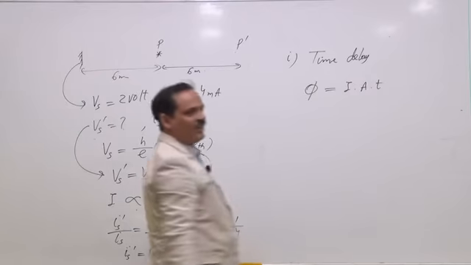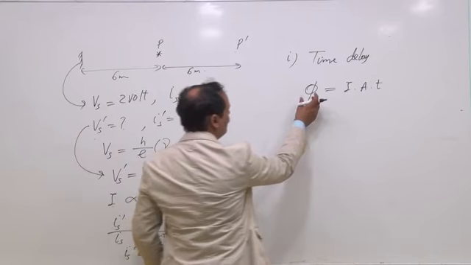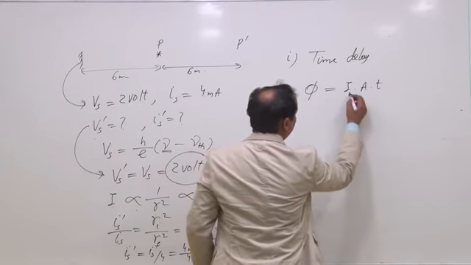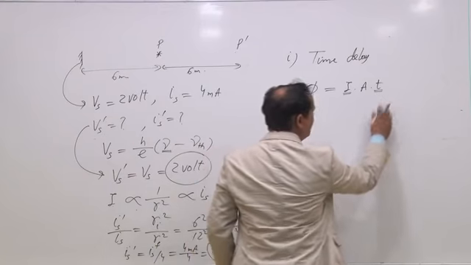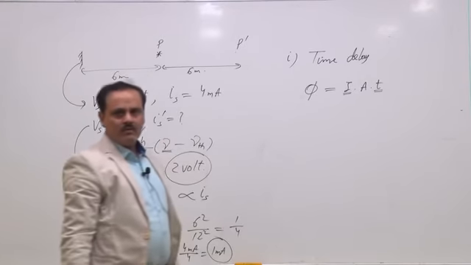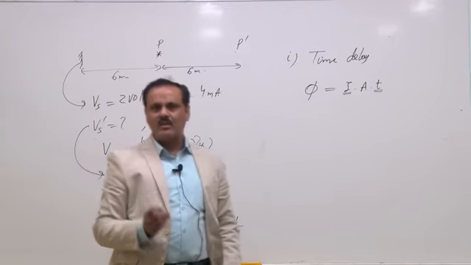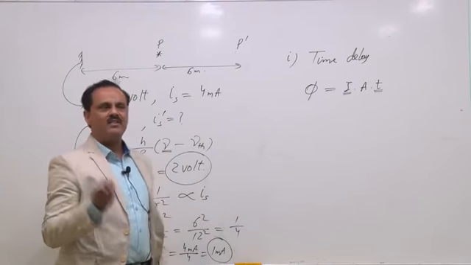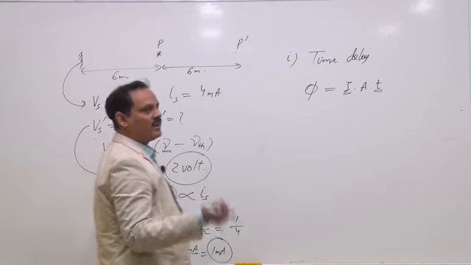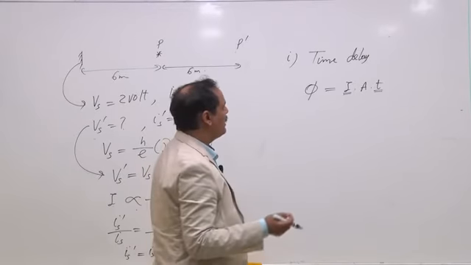As we have seen, I is equal to E by AT. So the energy needed, that phi, will be equal to IAT. If I keep on decreasing the intensity of light, the time should keep on increasing. So if I use light of low intensity, the electron will take sufficient time to come out. But the electron will definitely come out, whatever the time delay.